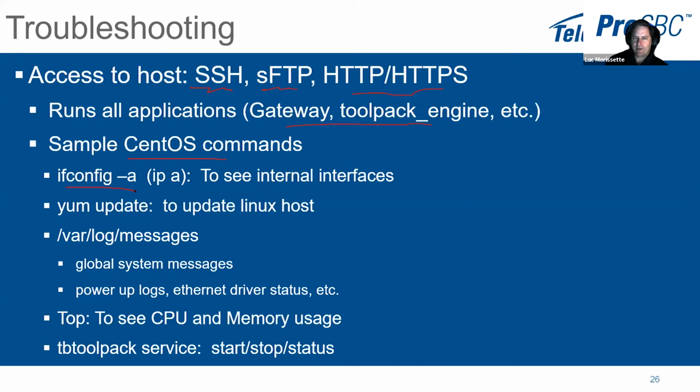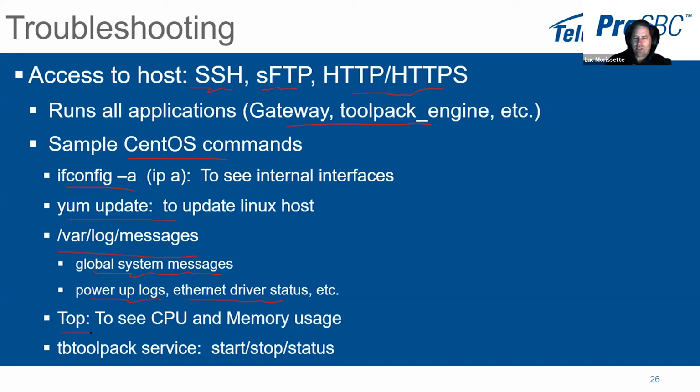Like ifconfig to see the internal interfaces, yum update to update the Linux host. You have var log messages, which has global system messages, like when it was powered up, Ethernet, physical Ethernet device status. So you can see those data.